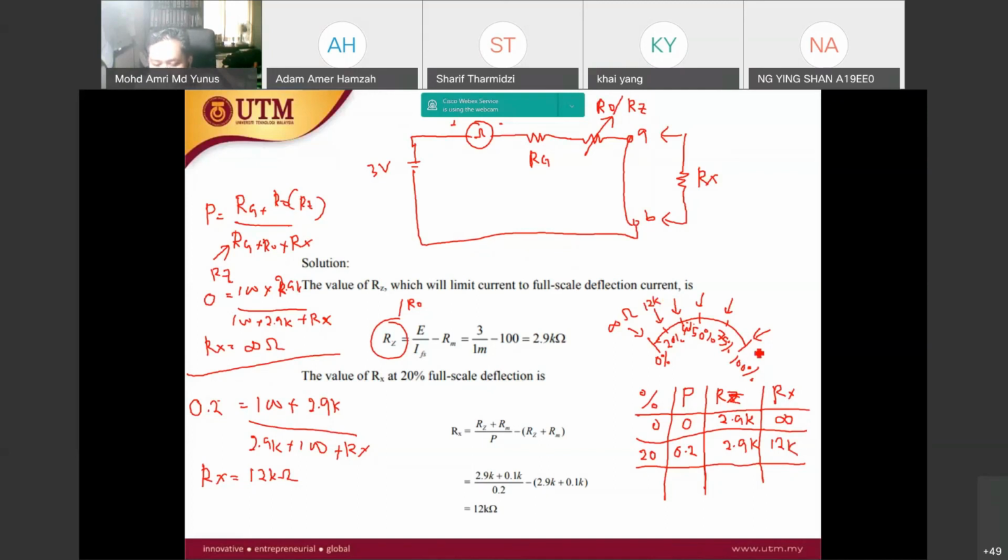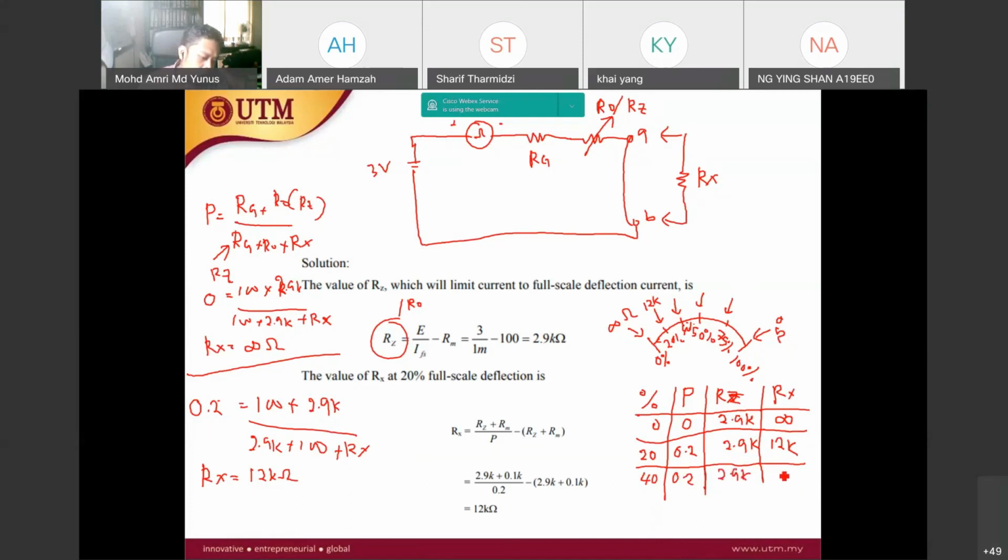Here at 100%, the ratio is 1, or 0 ohm. No problem. But you can try for 40%, 0.4. Rz will be the same.